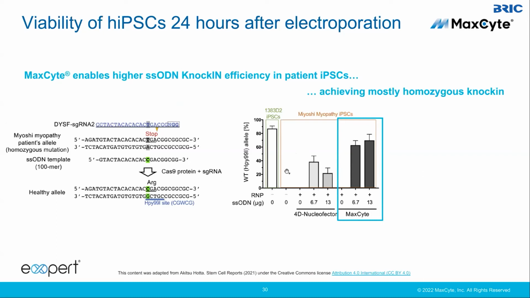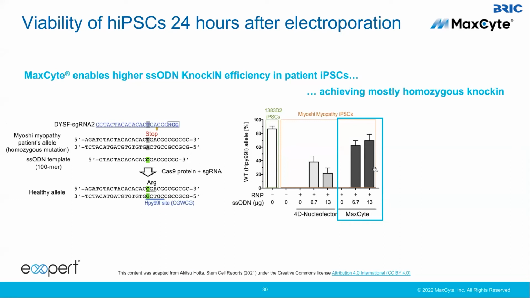Whereas with other platforms, and we've seen this with other platforms too, the higher you go with the amount of DNA, you start to see a reduction in the knock-in efficiency, just because the cell viability is much lower the more DNA you put in. So here, just highlighting that you can get high knock-in efficiency, and you can titrate your DNA donor template to achieve your goals.